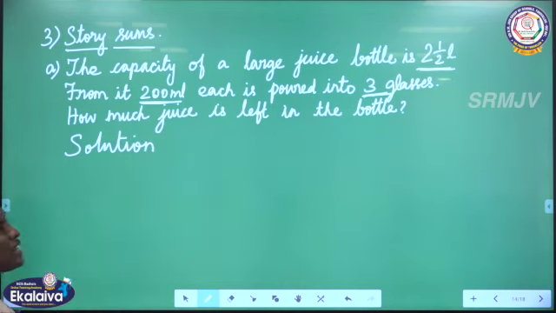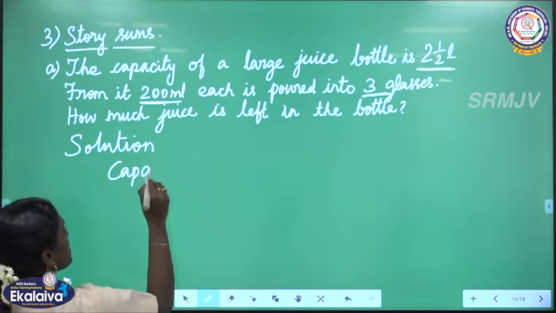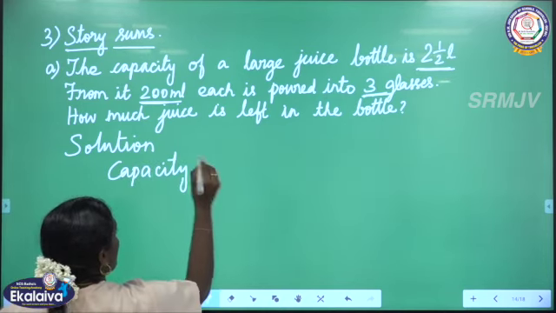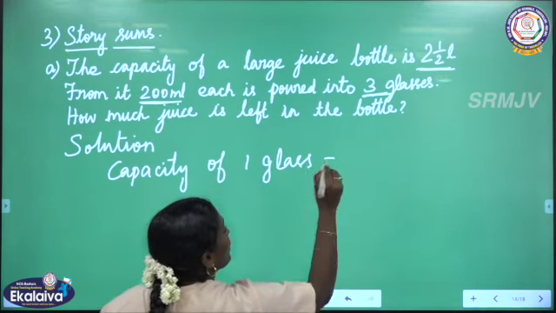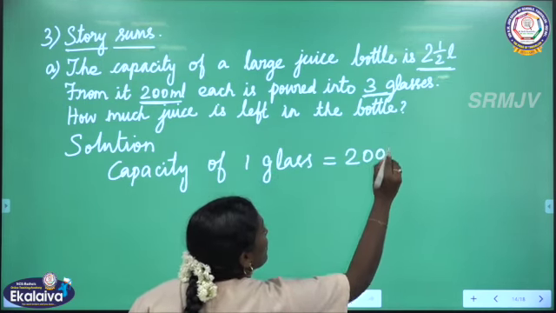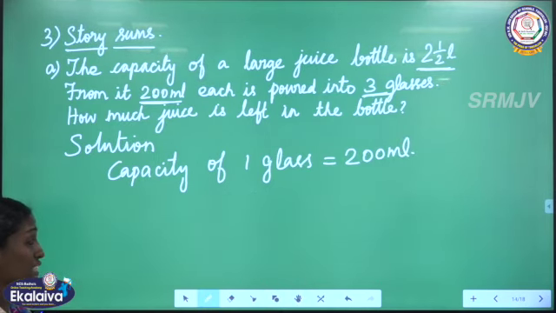First we are going to find the capacity of 3 glasses. So capacity of 1 glass is 200 ml. From this we are going to find the capacity of 3 glasses.